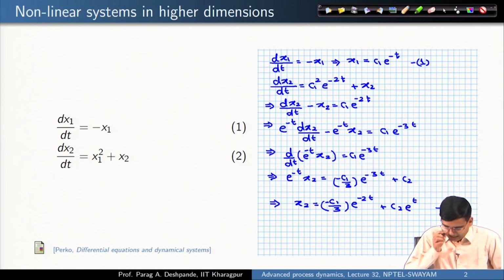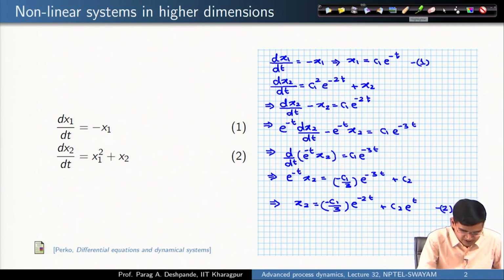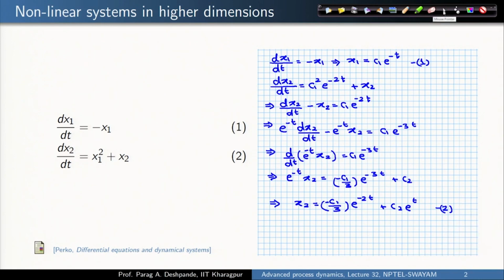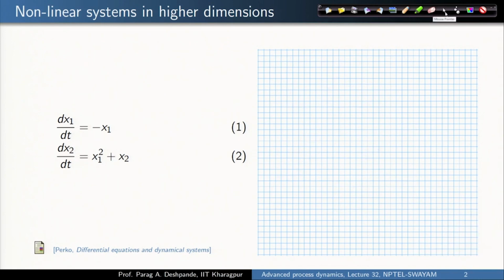So, let me write down both the equations as well as the expressions.